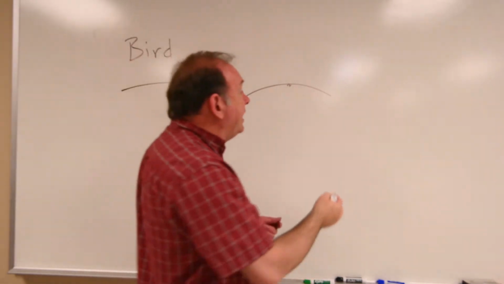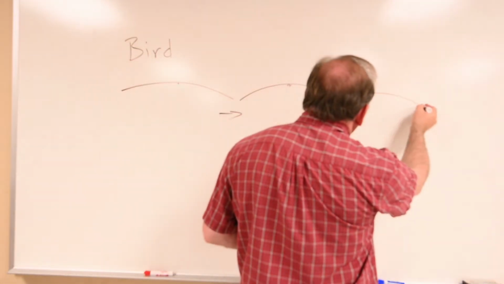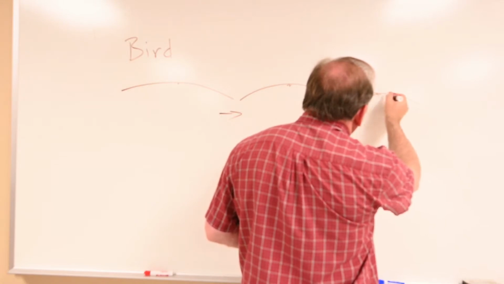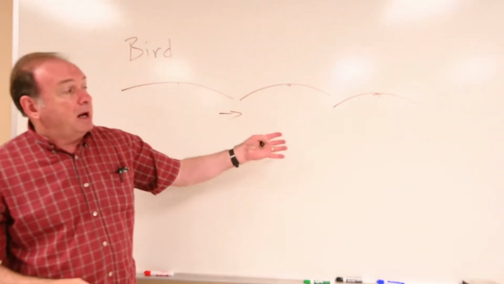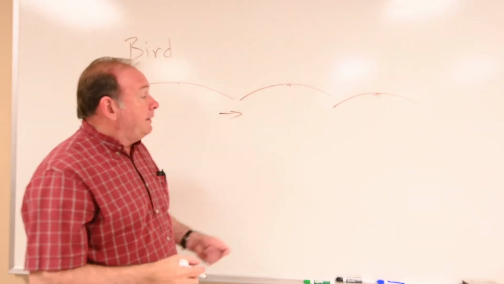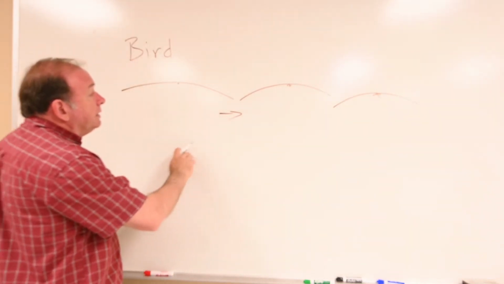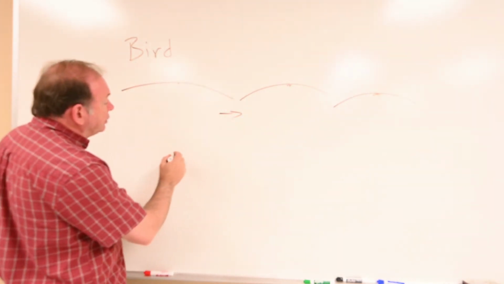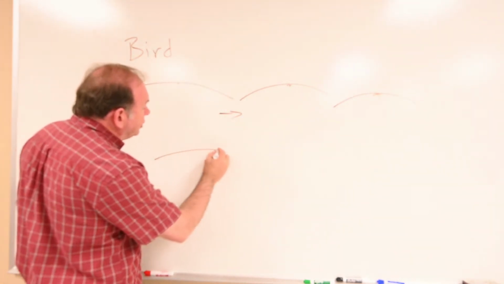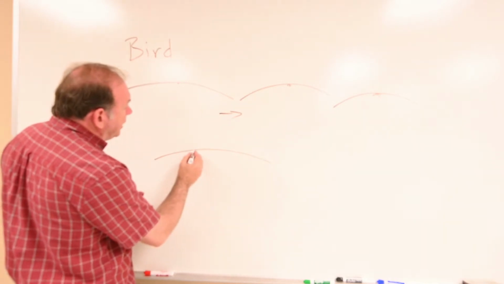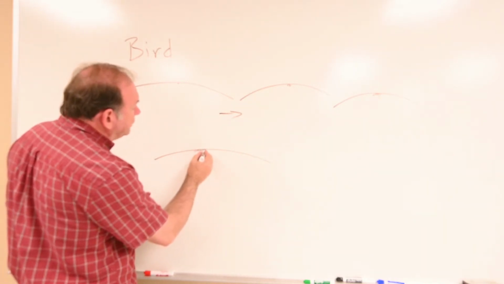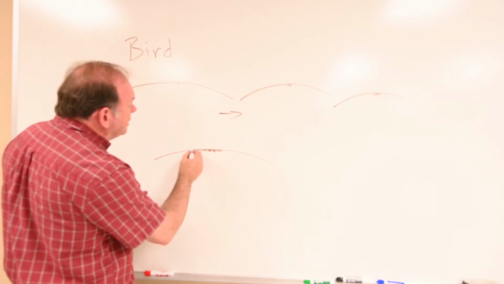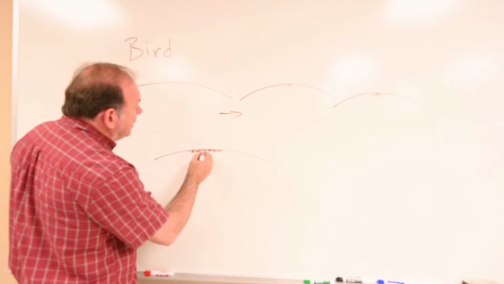And then when you get to the next stage, again, you're going to see tiny cleavage furrows dividing up the top of that egg. And that just keeps going on. So these are cleavage stages, two-cell stage, four-cell stage, and so on, and eventually we'll get to a condition in the bird egg where we have a number of cells in a layer developing at one end of the yolk.